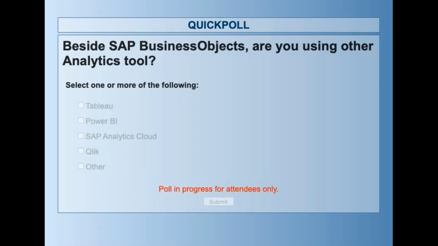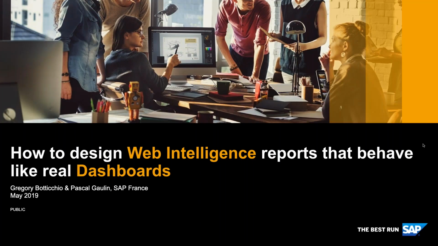Go ahead and fill this in: Tableau, Power BI, SAP Analytics Cloud, Qlik, or other. If you have other, take a second to jot it down into the questions area. You can say poll 1 and then your answer. That would be great. It'll help make sure we've got everybody accounted for. All right, looks like we've slowed down. I'm going to close this poll so we can keep moving.